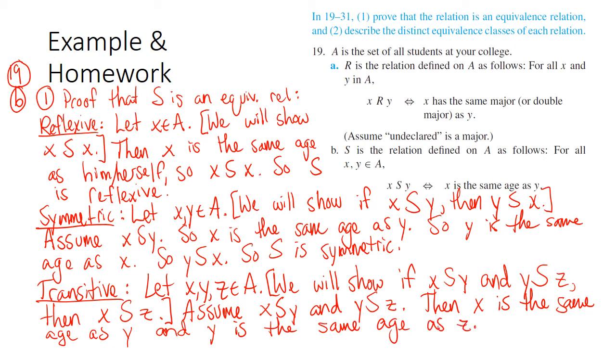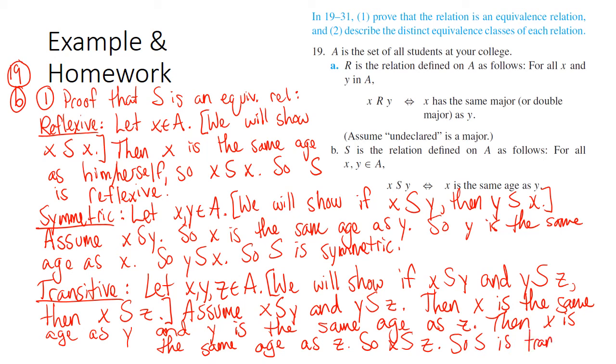Okay, well, if x is the same age as y and y is the same age as z, then x is the same age as z. So x is related to z by S. Okay, so S is transitive. All right, so we proved that S is an equivalence relation. We just have to prove those three properties. On the next slide, I will do part 2, where I describe the distinct equivalence classes of each relation.